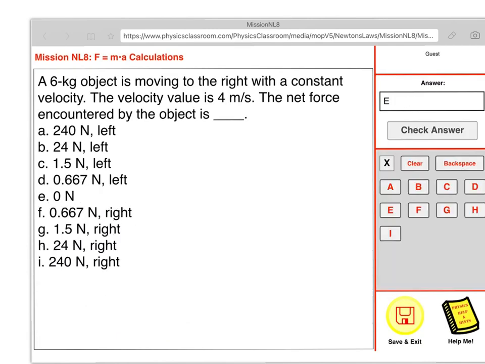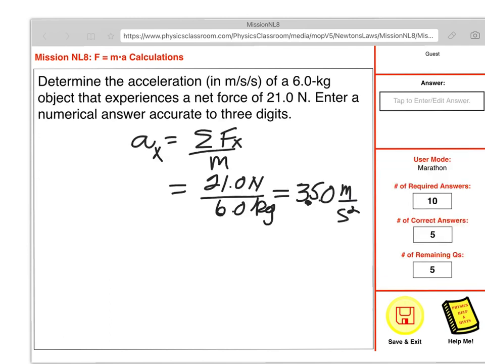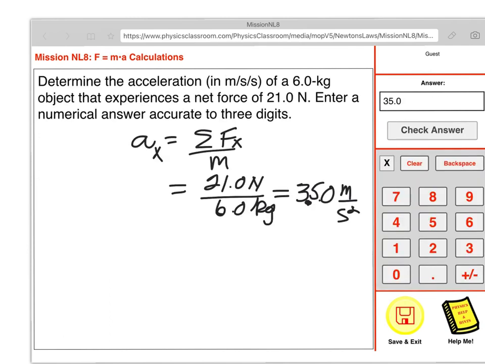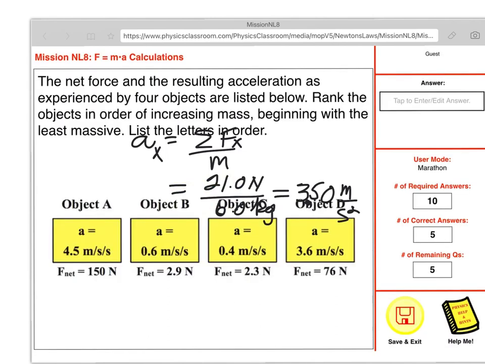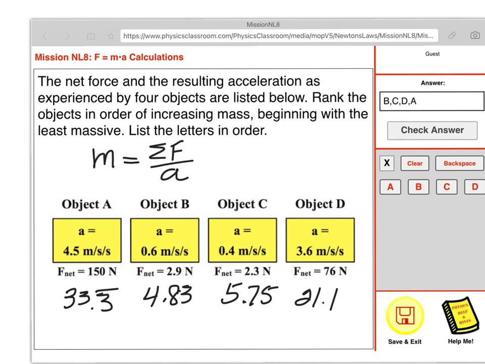Trick question, you need to read carefully. Net force, the velocity, constant velocity of 4 meters per second. It has to be E. Here are the answers I got.